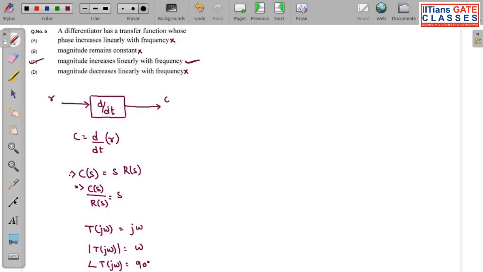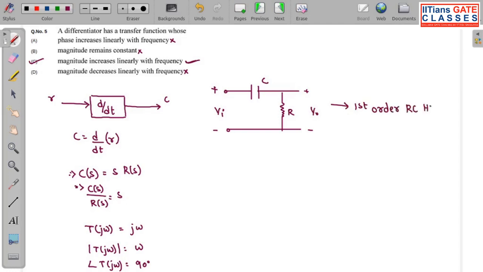Now tell me one thing, if I ask you what is this circuit? If this is C, this is R. This is a first order RC high pass filter.